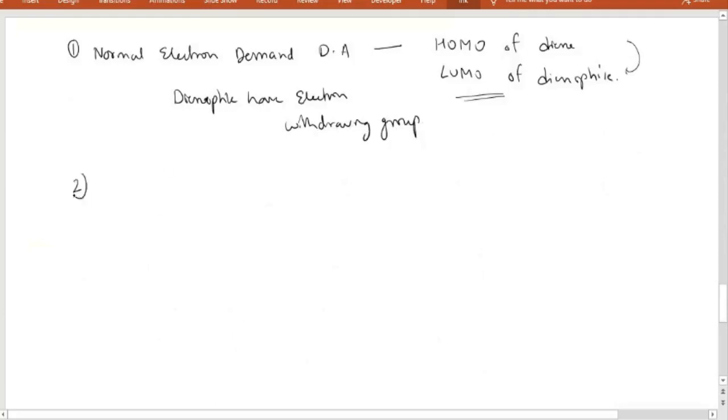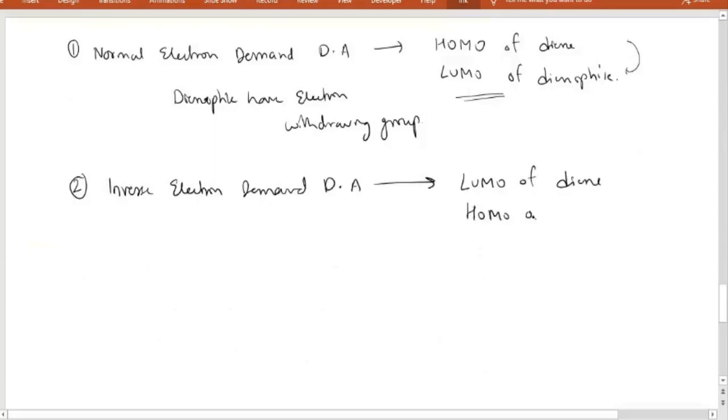Okay, now first is normal electron Diels-Alder reaction. Second is inverse electron demand Diels-Alder reaction. In this case, now here it is reversed. LUMO of diene and HOMO of dienophile.